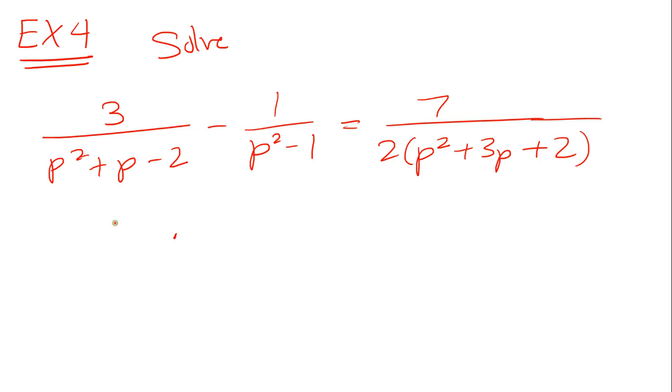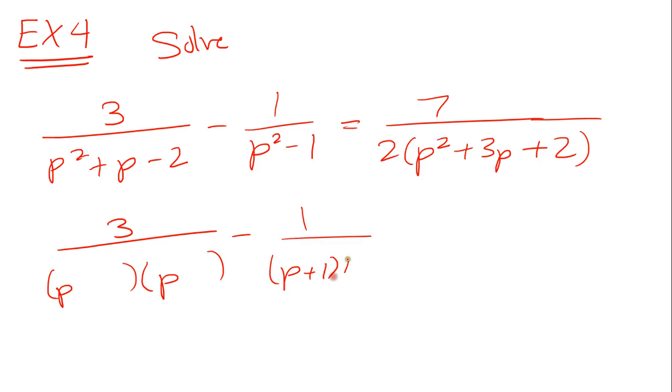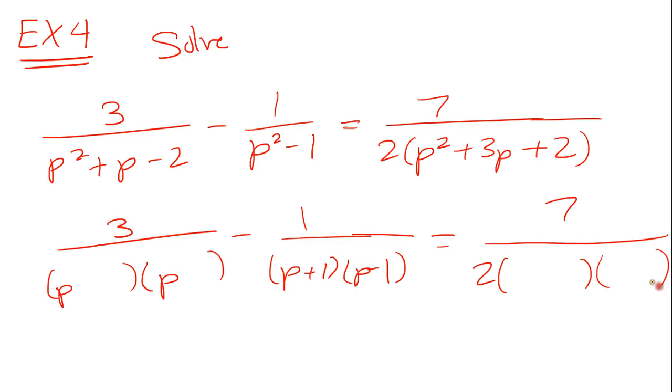So we have 3 over something, p something, minus. This is going to be p plus 1 p minus 1, obviously, difference of 2 squares, and that's going to be 7 over 2. Or maybe I shouldn't say obviously. Maybe that may not be as easy to see as I perceive.